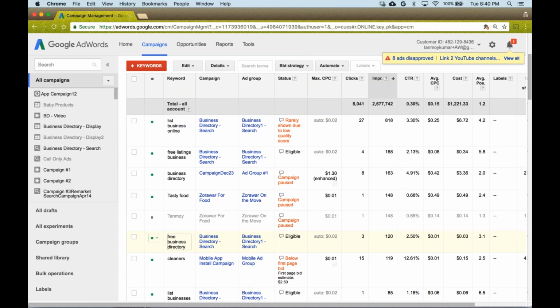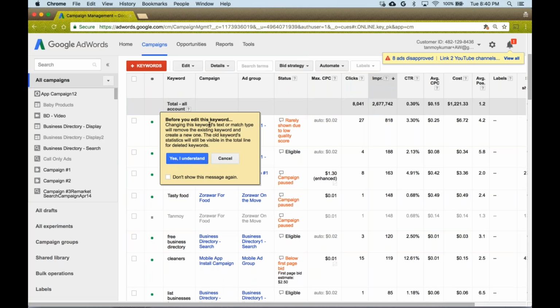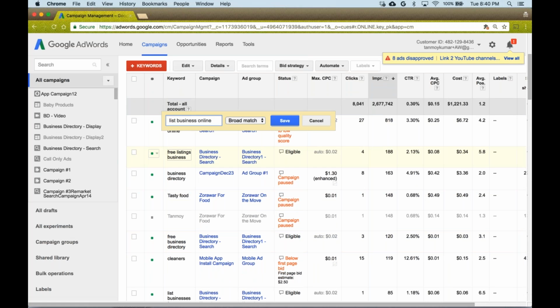If I want to apply my keyword match types, I can click on any of the keywords. You click on the keyword, this pop-up will open up and you can click on yes, I understand, and then you will get this drop down option: broad match, exact match, phrase match. You can select any of them and save it.